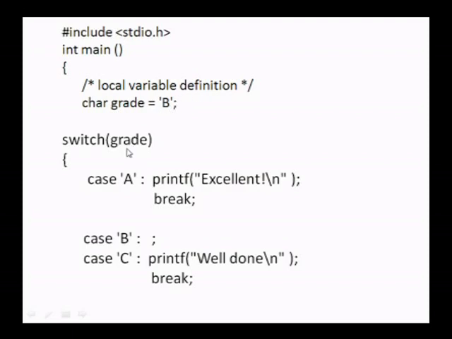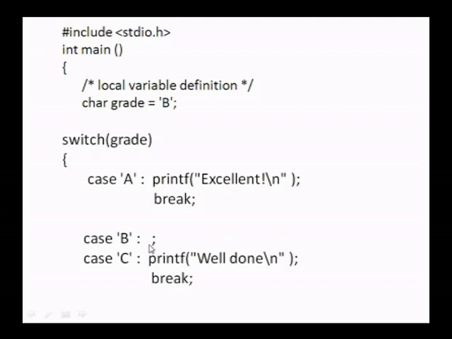So, this grade value, that is B, is compared with each of these case values. So, now when it compares with the first case value, that is A, it is not equal to it. So, the control will be transferred to the next switch case, and here B matches with the value of grade, and here we have not given any statement, that is a null statement is here.